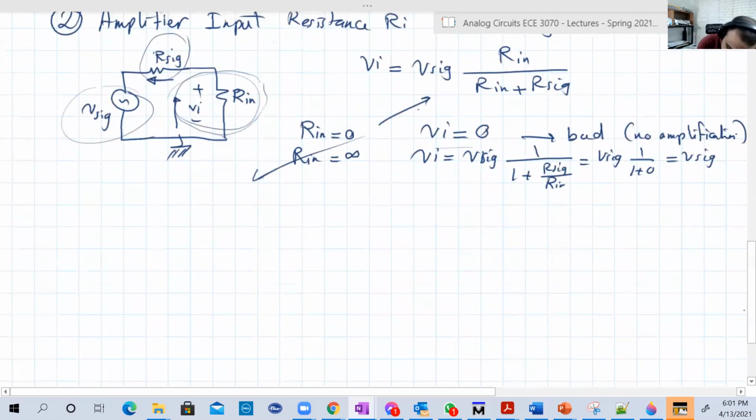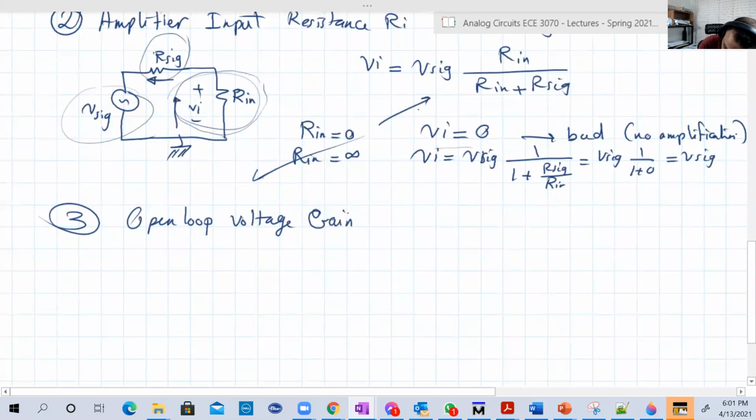Okay, number 3, AV naught, the voltage gain, the open loop voltage gain. Open loop means the amplification measured or calculated or estimated when there is no load, when the load is infinity.